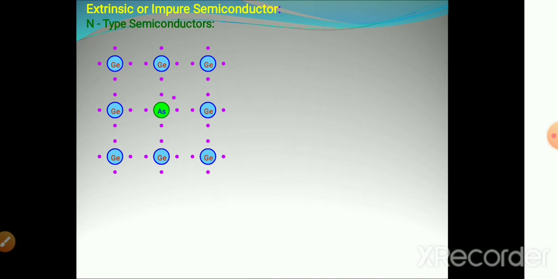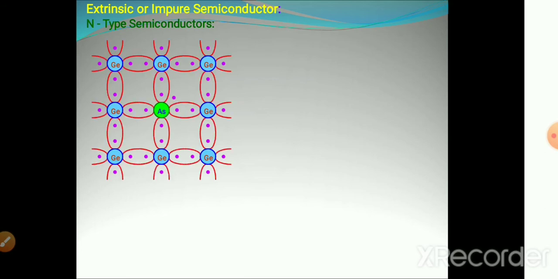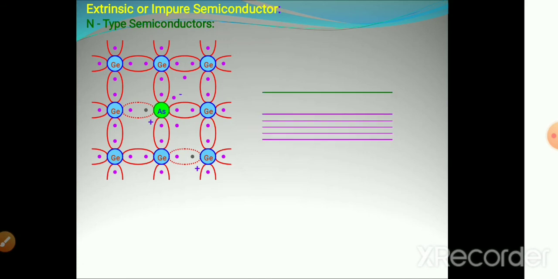Now the arsenic atom has 5 valence electrons. 4 electrons are shared with the neighboring germanium atoms, and 1 electron is donated for conduction. So this arsenic atom is also called a donor atom because it is donating 1 electron, and since it donates its electron, it behaves like a positive ion.